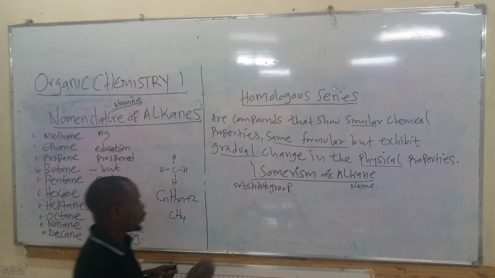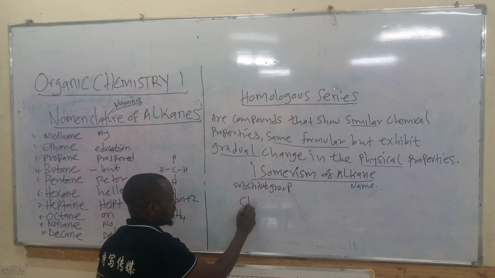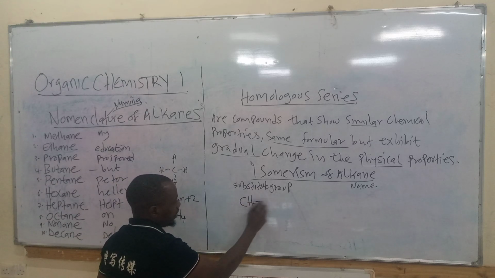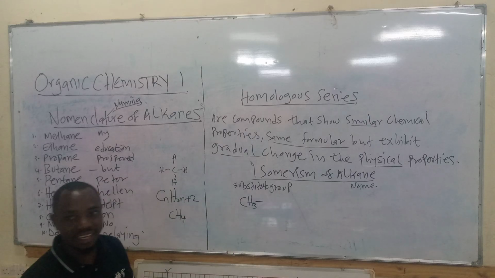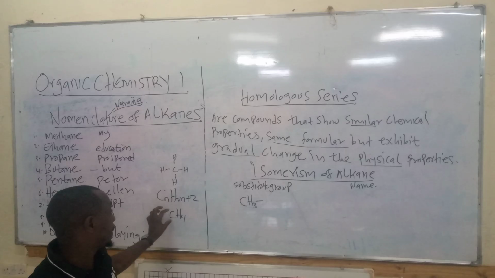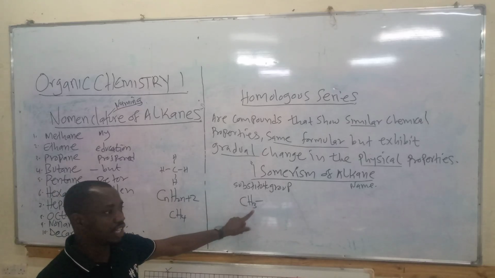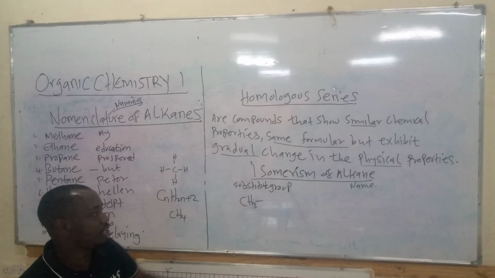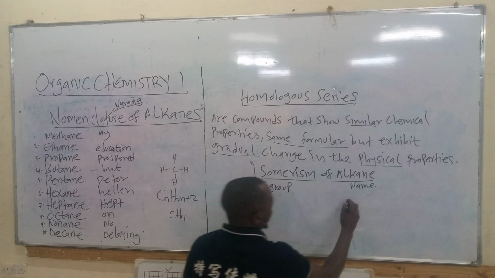Whenever we write CH3 with a bond, the name changes. Instead of being called methane, because a methane must have four hydrogen atoms, in case we have 3, the name changes. We call it methyl.